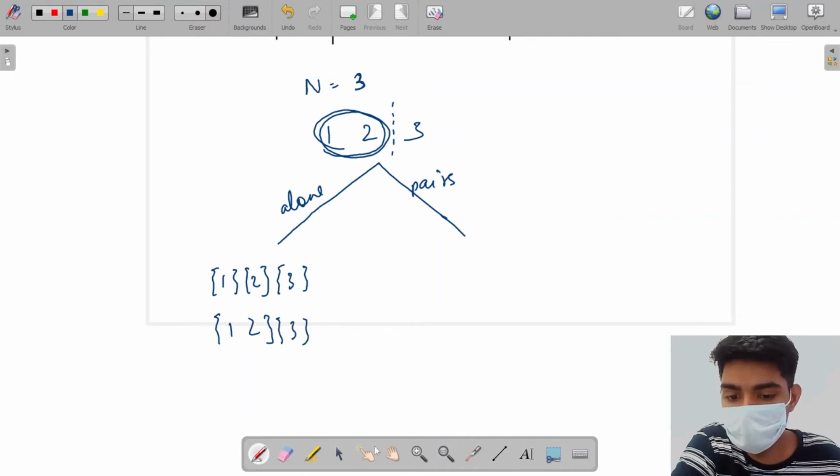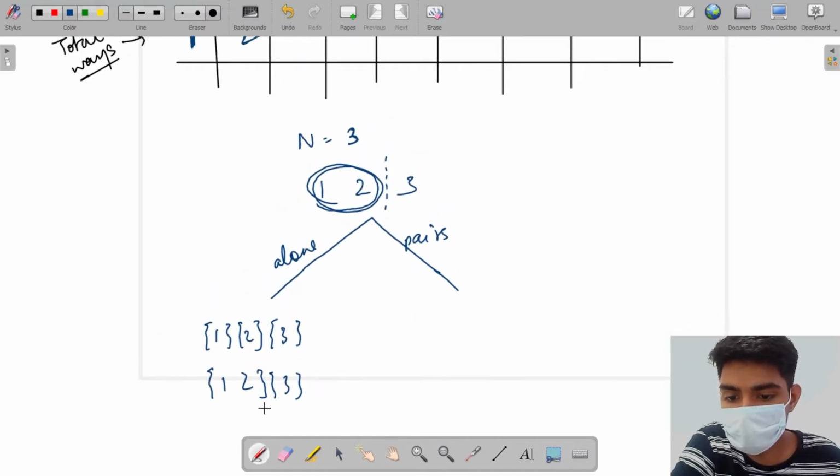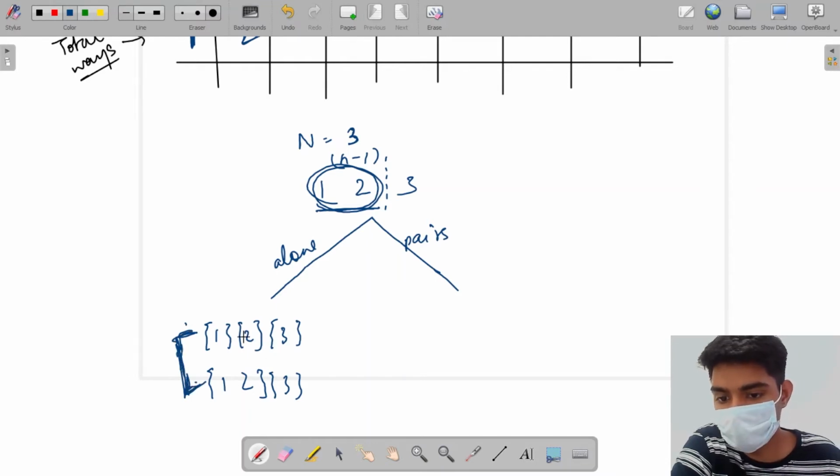This is very important: since 3 is deciding to go alone, he is dependent on these two numbers, which are n minus 1. These are two numbers, my 1 and 2, and the total number of ways for 1 and 2 to go are 2. These two are the ways for 1 and 2 to go.